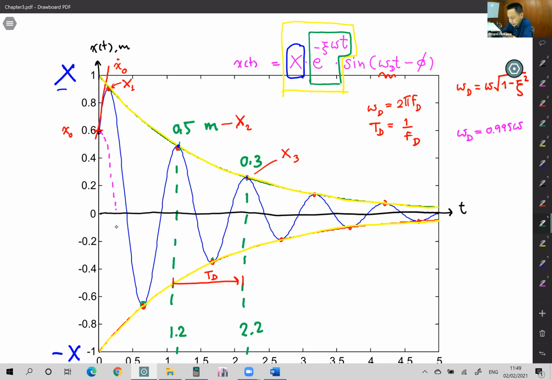That's why in many countries, there is some invention of what they call the damper. They install the dampers in the building to give the building a higher and higher damping ratio, so that you can make your building stop very fast, faster than a normal building.